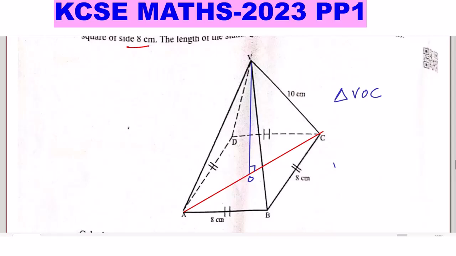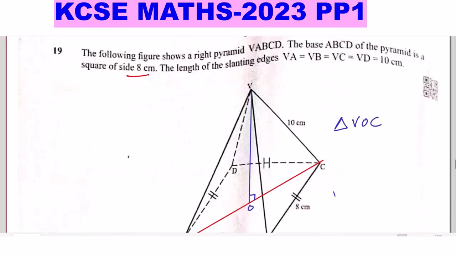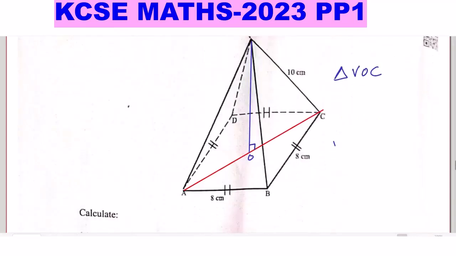And to get OC, since the base is a square, all these angles here are right angles. So triangle ABC is a right angled triangle, and we can use that to get AC.